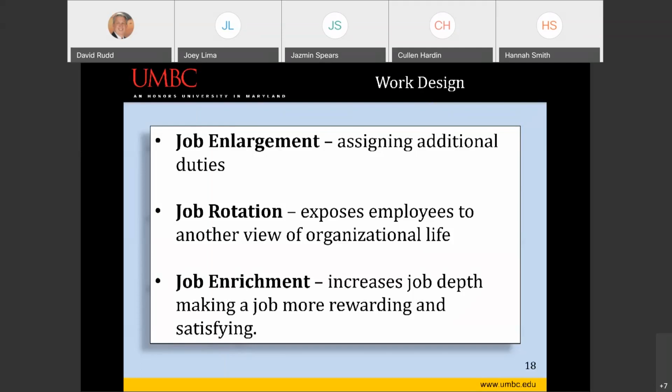Let me look at, trying to think of a good example. Well, let's think about your organization, Joey. Do you have a team leader position and a sales position and then a manager position? Do you have that in your organization?